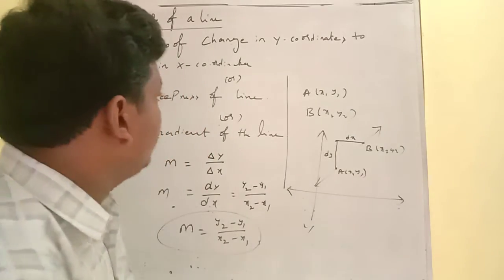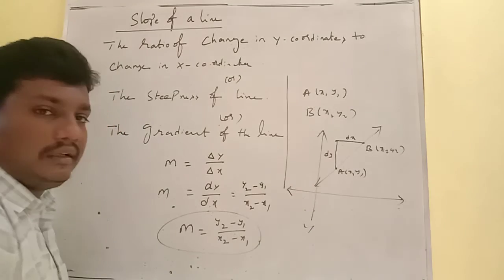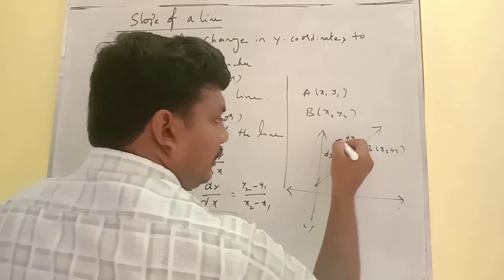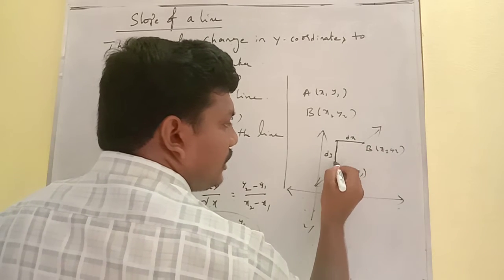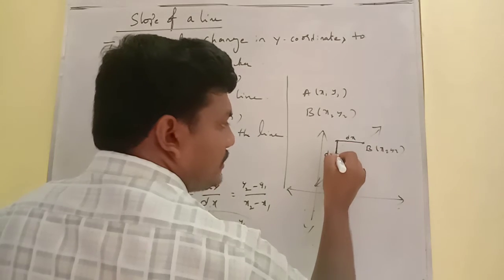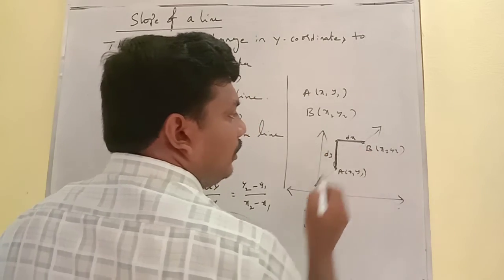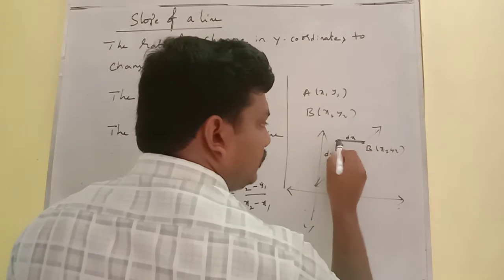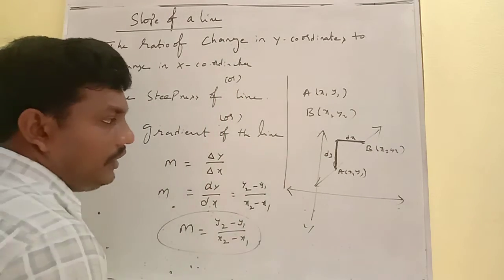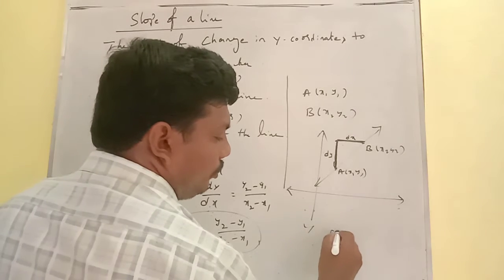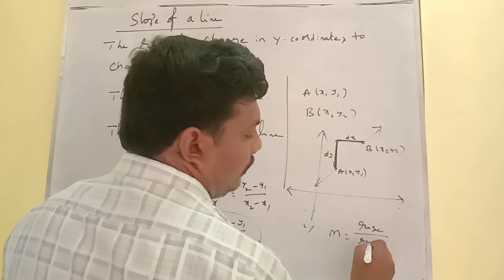So slope of a line is nothing but the steepness of the line. How steep it is. This is the rise: how much rise from this point to this point. This is called the rise of the line, and this is called the run of the line: how much deviation from this to this. So often we call slope equal to rise by run.